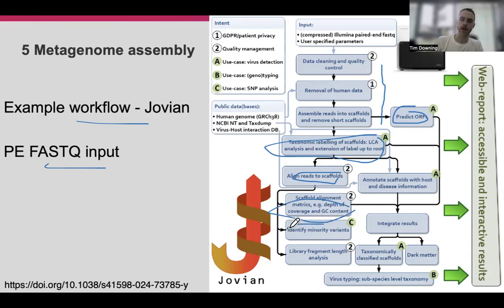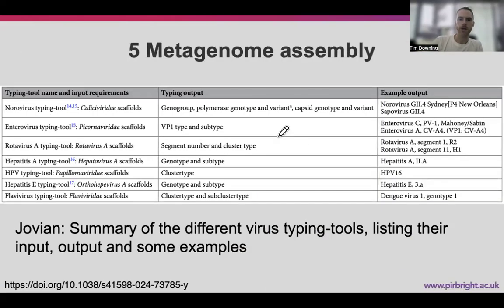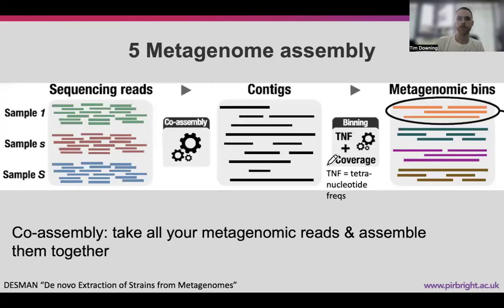It also looks at the frequency variation that's present, and can therefore create more advanced analyses at the end. This has worked well on different viruses such as norovirus, enterovirus, rotavirus, hepatitis, HPV, Hep B, flaviviruses as well. So that's an example of approaches that are somewhat similar to what we're doing here.